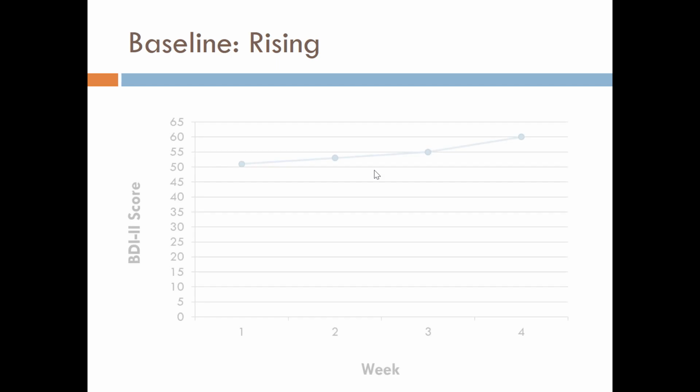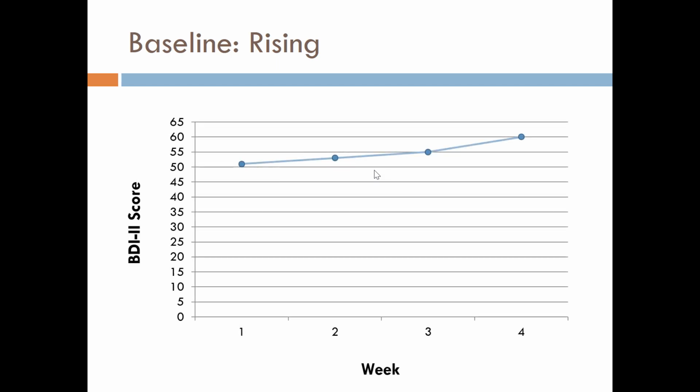Same with rising. If their scores on the BDI are increasing, that makes sense because they're not getting treatment. If it's increasing quite a bit, that might tell us we need to start treatment here and not wait another week since they are getting worse.